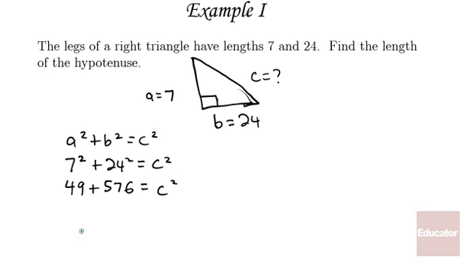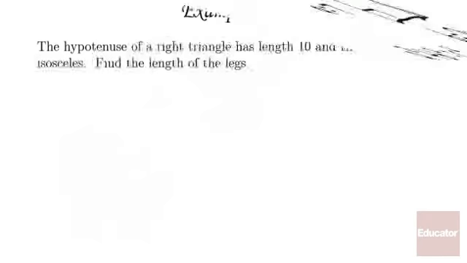So 49 plus 576 is 625 equals C squared. Now you need to take the square root of both sides, and that turns out to be 25. So C equals 25, or the hypotenuse equals 25. And you might have recognized this as a Pythagorean triple. If you did, then you would have known what the hypotenuse is once you were given the legs. If not, working this out using the Pythagorean theorem works just as well.